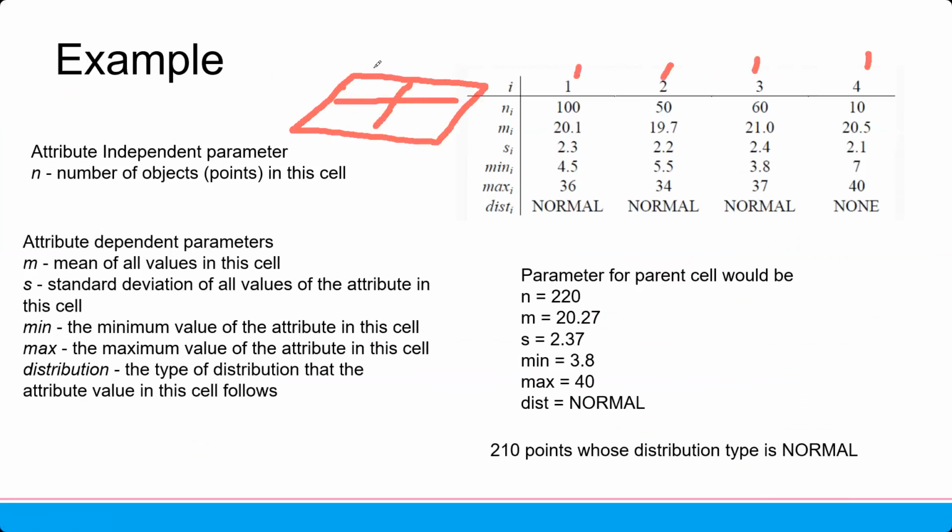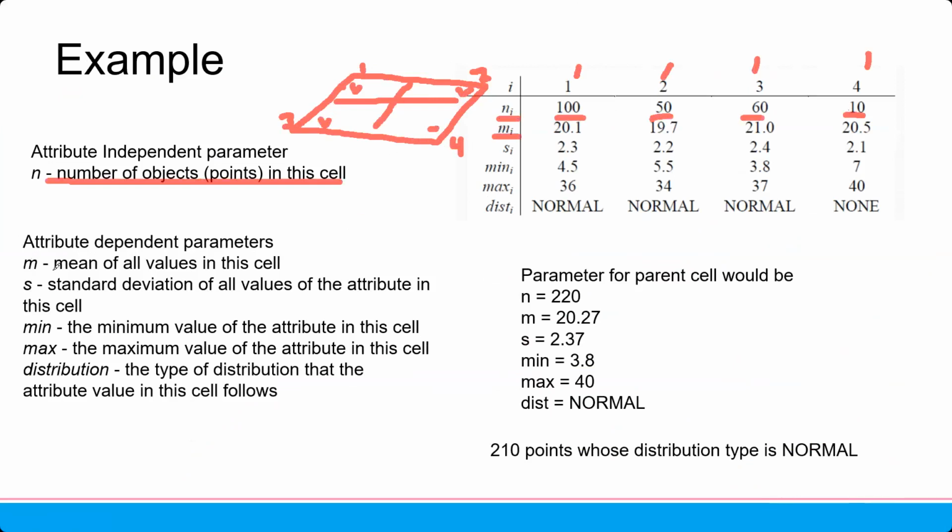And for every cell, I have the information about n. n is the number of objects or number of points in the cell. So in this cell, there are 100 data. In this cell, there are 50 data. In this cell, there are 60 data. And in this cell, there are 10 data.